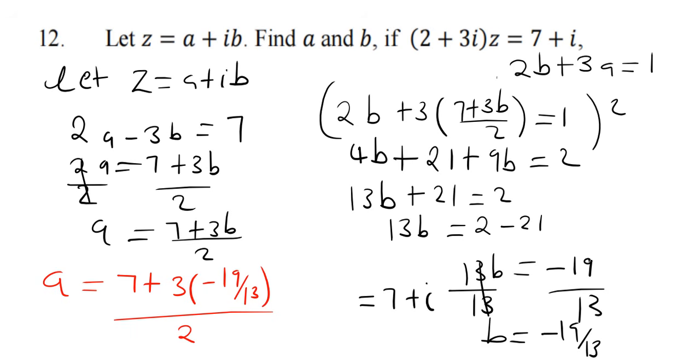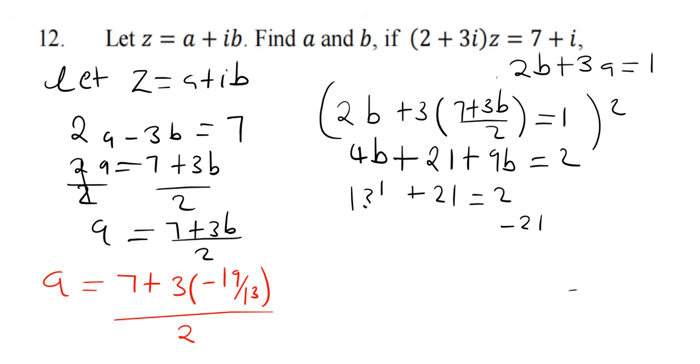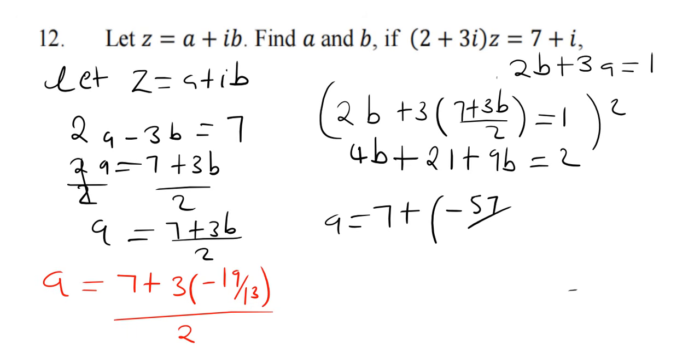Allow me to rub this part. So a will be equals to 7 plus 3 multiplied by negative 19, which gives negative 57 over 13, and then there's a 2 there.